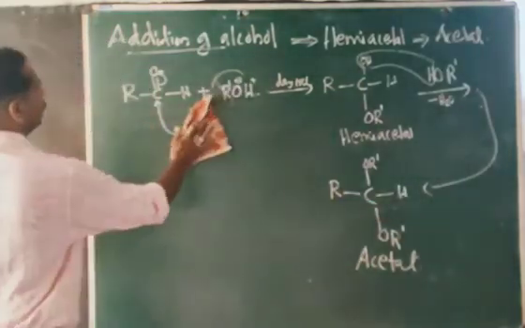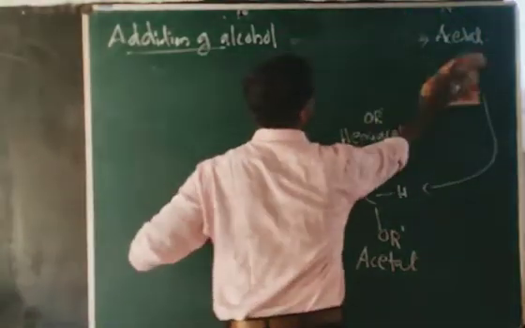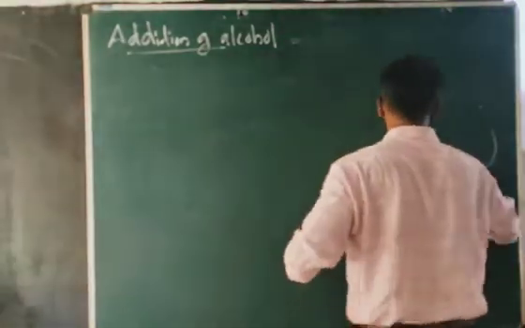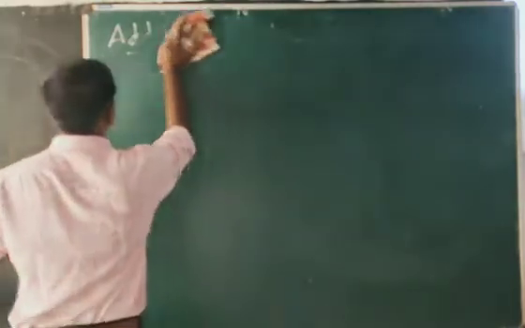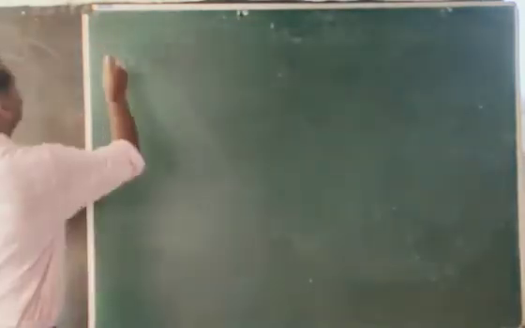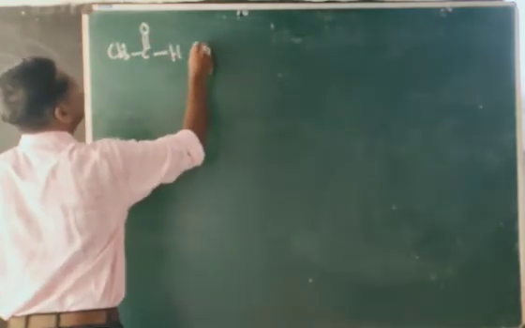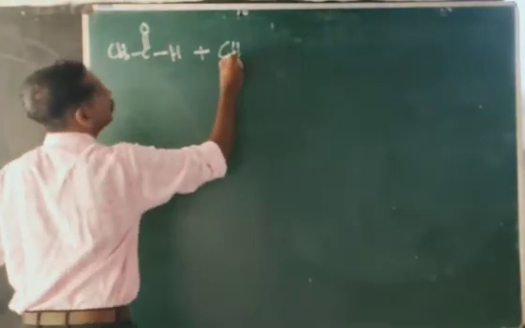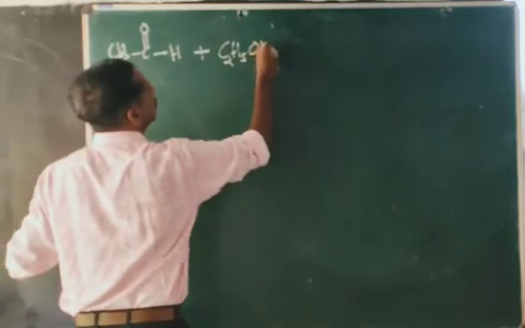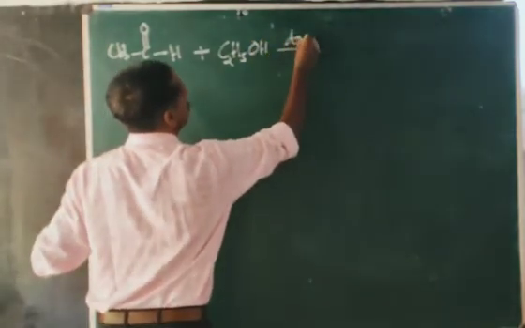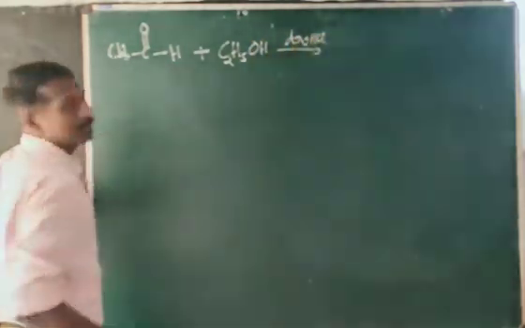Let us go through a specific example for addition of alcohol. Look here. I'm taking acetaldehyde, CH3CHO. Acetaldehyde is reacting with ethanol, C2H5OH, in the presence of dry HCl. What is the mechanism of the reaction?